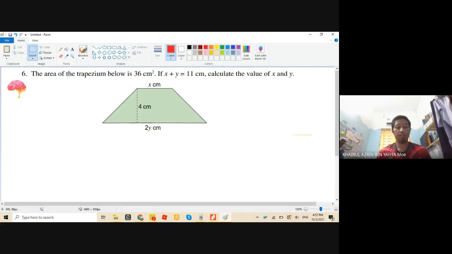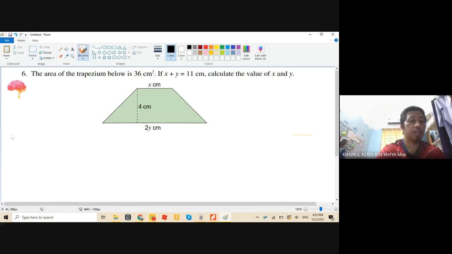So what's the formula for area of trapezium? Let me write here. I use black. So area, I put A, for a trapezium is 1/2 multiplied by A plus B times the height.